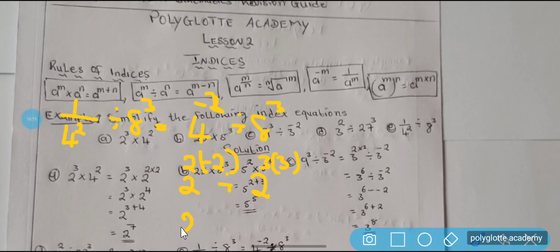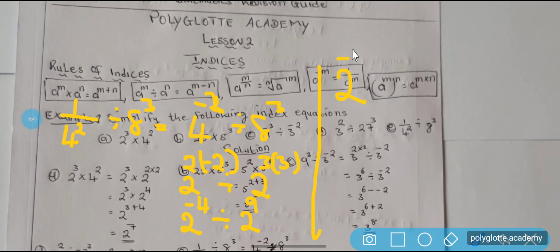So we're going to have 2 to the power minus 4 divided by 2 to the power 9. So since the bases are the same, I'm going to take one of the base, 2. I can see 2 here, 2 here. So I take one of the base, then I subtract the power with this division sign.